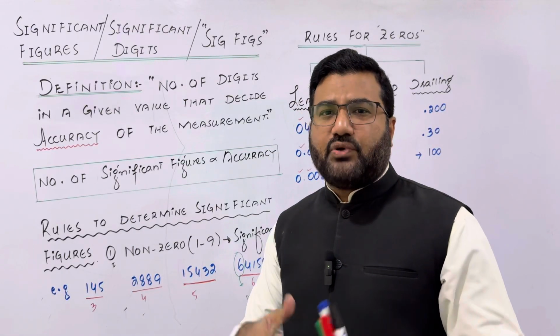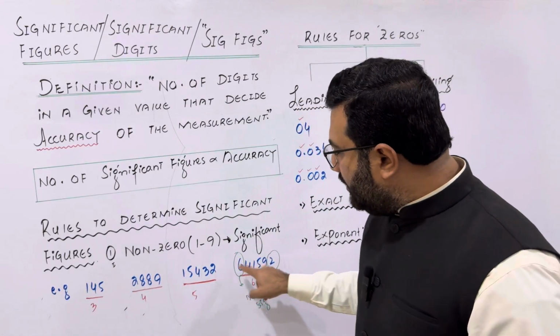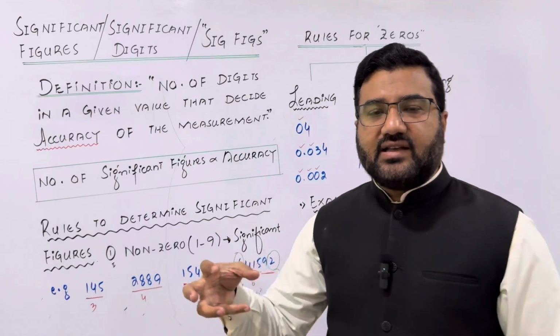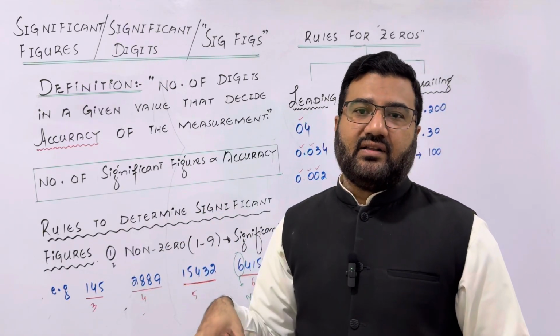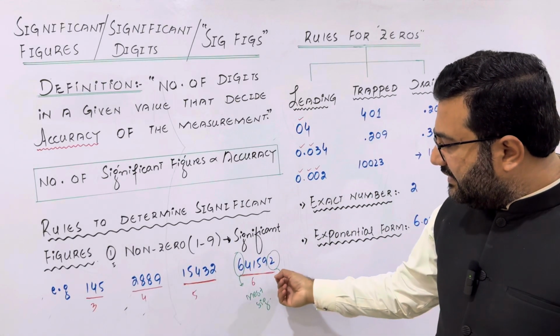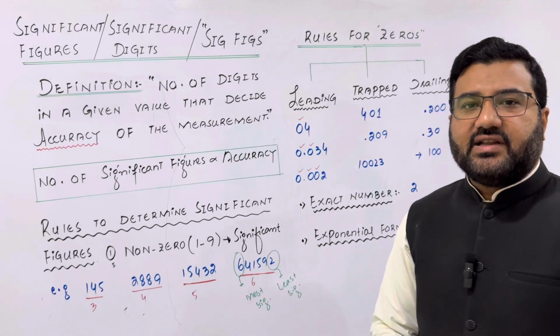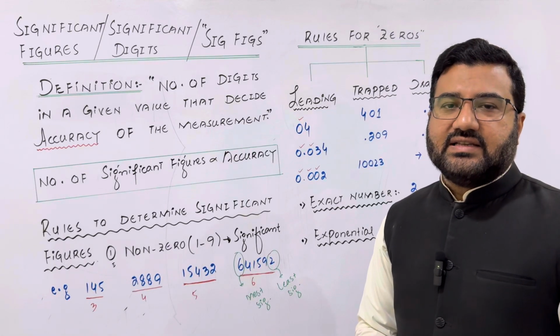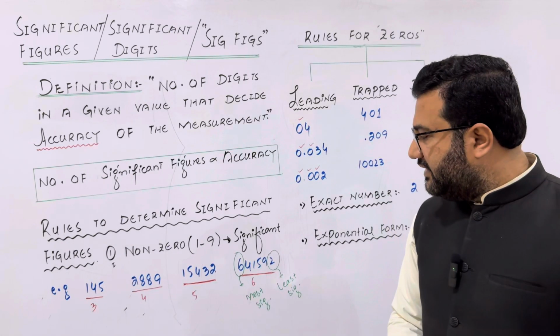My dear students, just suppose that all these four values are the result of the same experiment. Then which result will be considered as the most accurate? You will say this one. Why? Because it is having the maximum number of significant digits or significant figures.